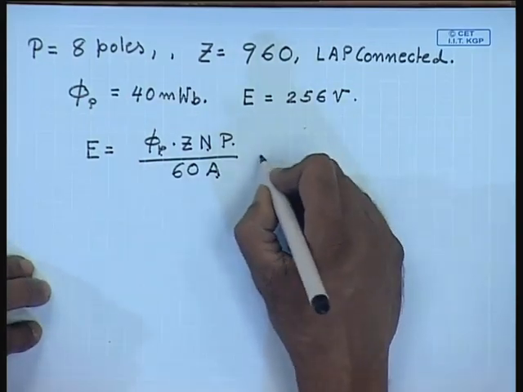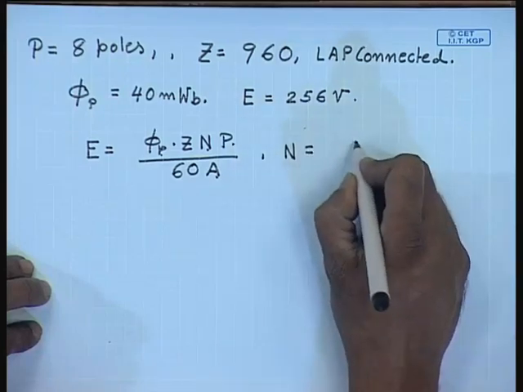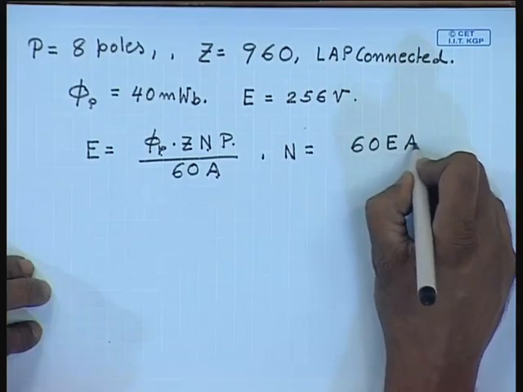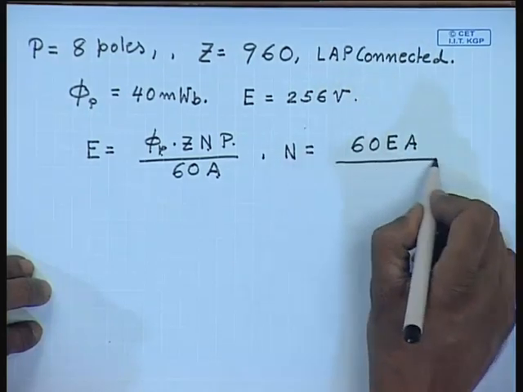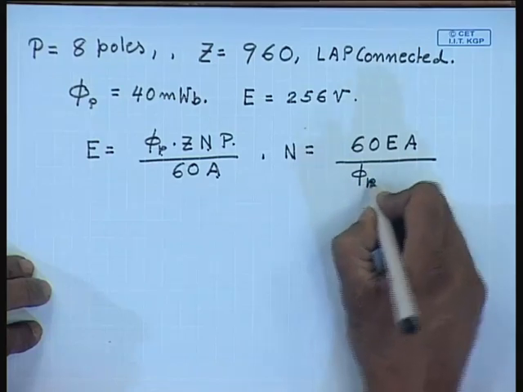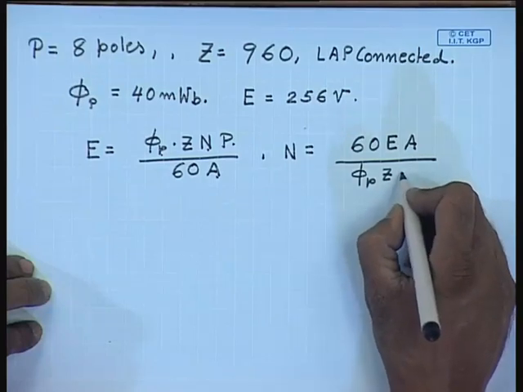In other words, n can be written as 60 E A divided by phi p Z p.